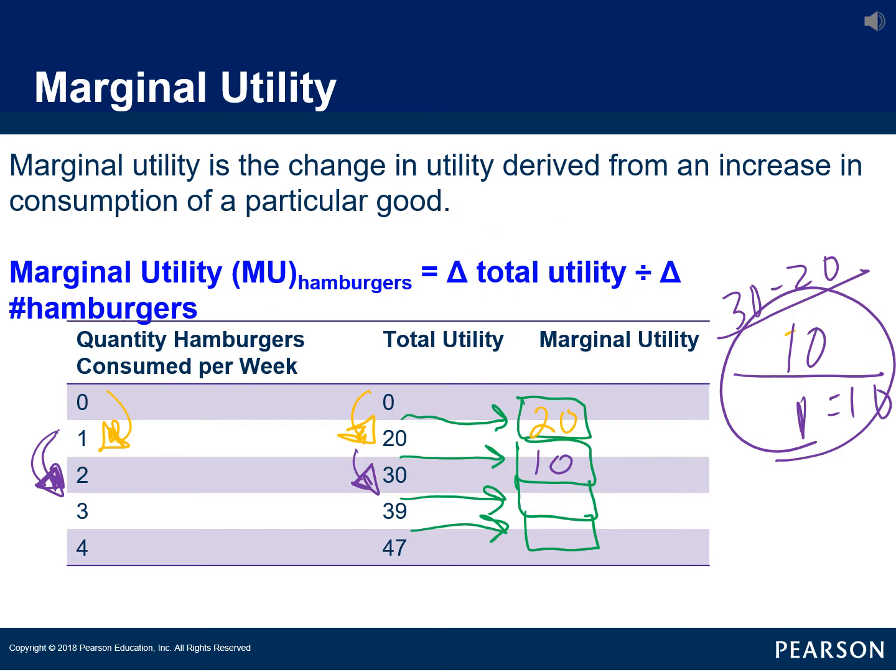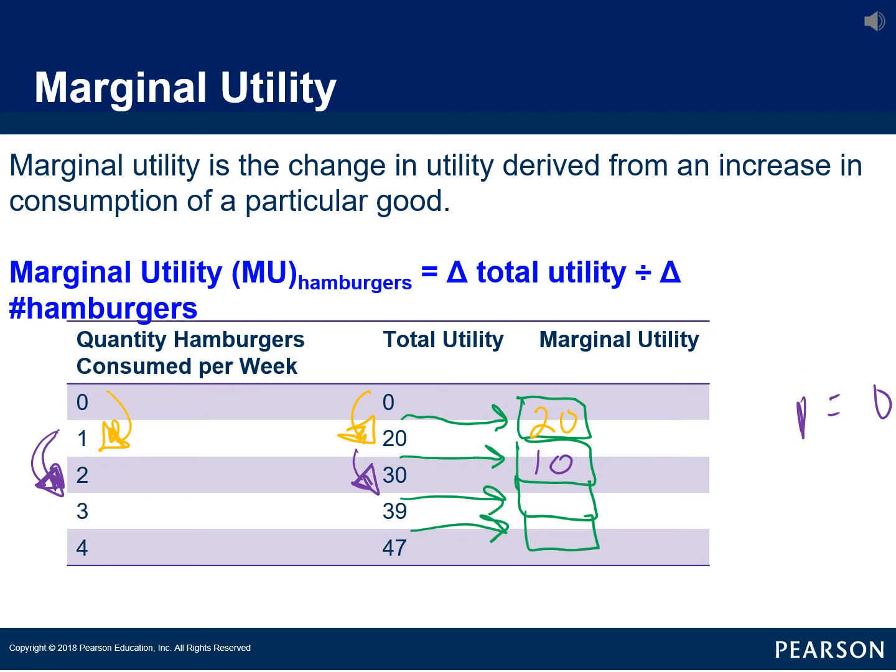Okay, and now if we need to calculate the third one, our change in total utility, we are going from 30 to 39, so that's a difference of 9. And we're going from 2 to 3, and that's a difference of 1. So our marginal utility is 9.